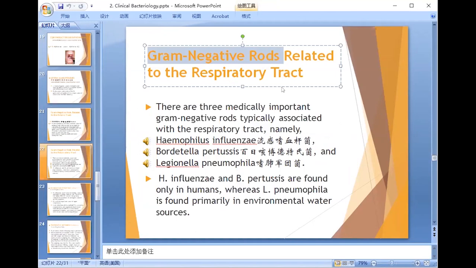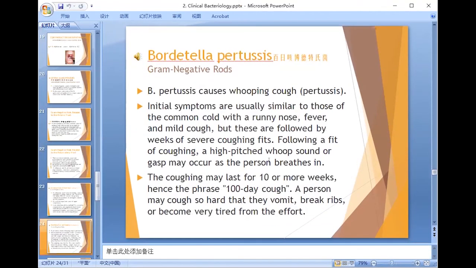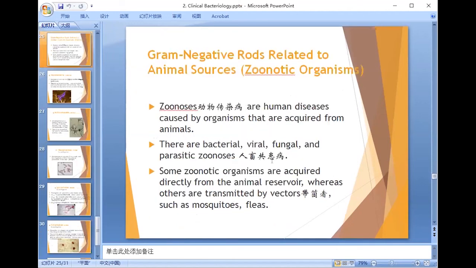And then we're talking about gram-negative rod bacteria. We separate them by the illness they cause. They can cause respiratory tract infections. We have different kinds of bacteria there, mainly three. I have some detail here, just to give you some idea what kind of illness they will cause.